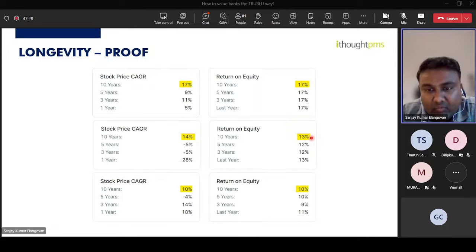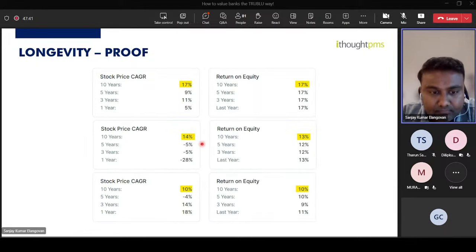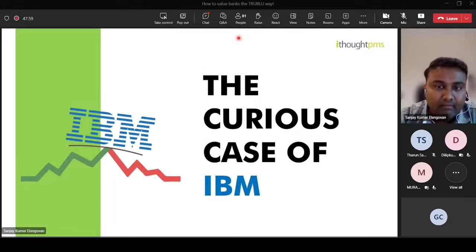The second bank had 13% on average across the cycle, I'm not saying every year, and the investors got a return of 14%. The third bank had an ROE of 10%, and investors earned a 10% CAGR on their investment. This is the proof that longevity works. The higher the ROE, the higher the stock price CAGR of that bank.